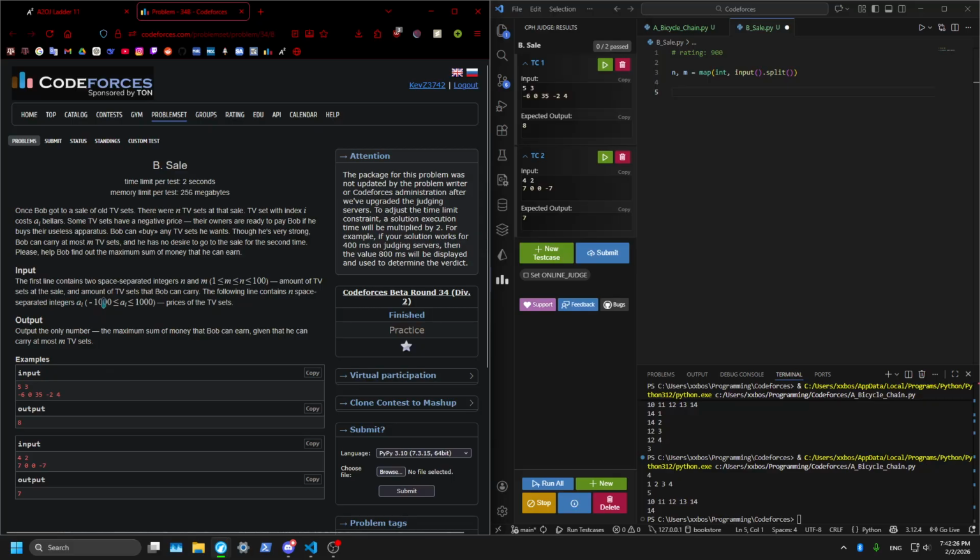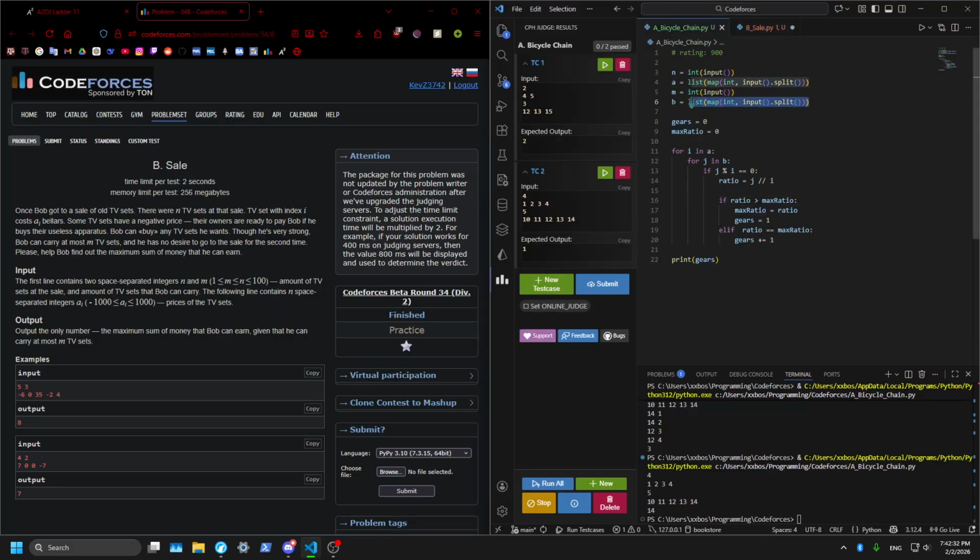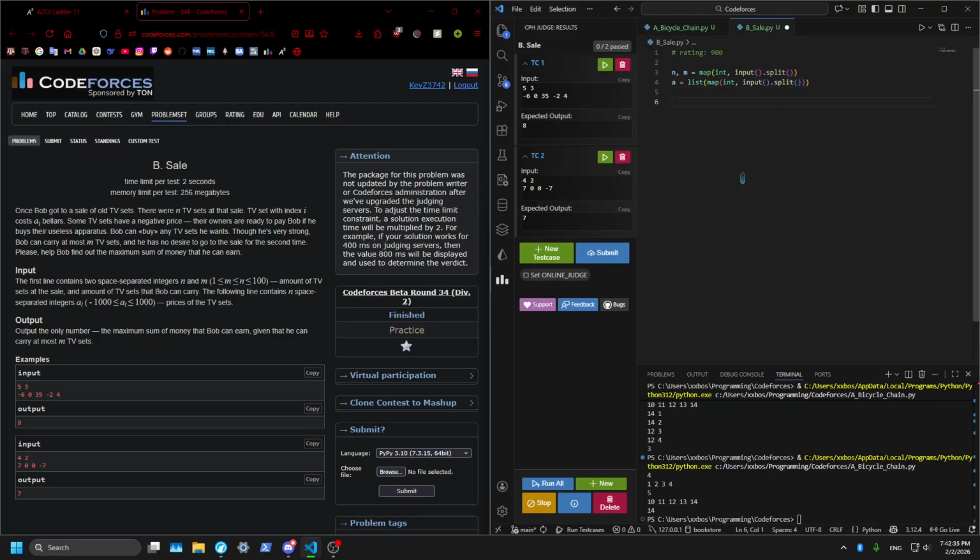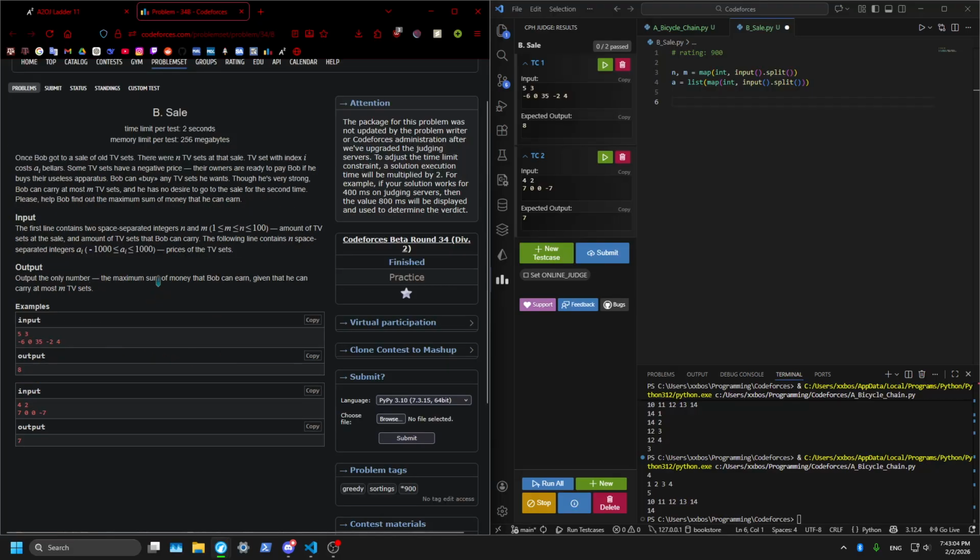The following line contains the prices of the TV sets, so a equals list. Output the only number, the maximum sum of money that Bob can earn, given that he can carry at most m TV sets. Okay, the maximum. m is the number of TV sets he can carry, and then a_i is the prices of the TV sets. Maximum sum Bob can earn, given he can carry at most m TV sets.